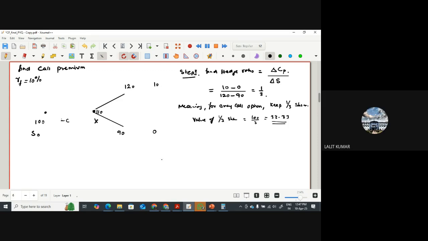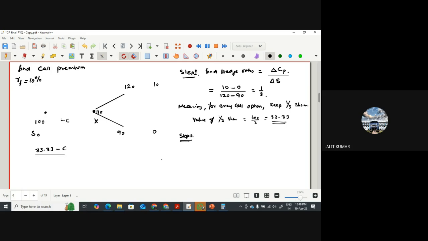Now, step 2. If I have purchased 1 by 3 share, my present value is 33.33 minus C. Is this okay? My portfolio value is this.